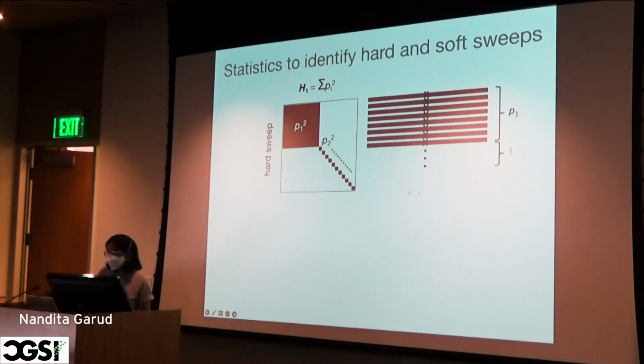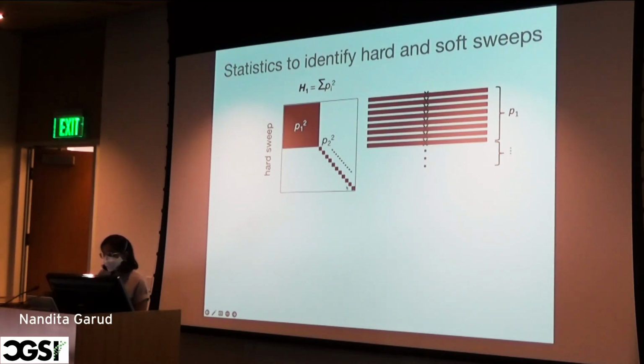So these are haplotypes, and you have one common haplotype at high frequency described as P1. If we take the square of the different P's, so this is basically the height of this one, and then so on, you have singletons, and then you square it.